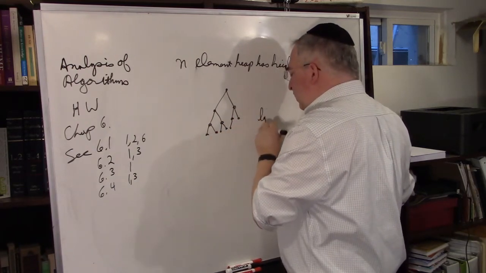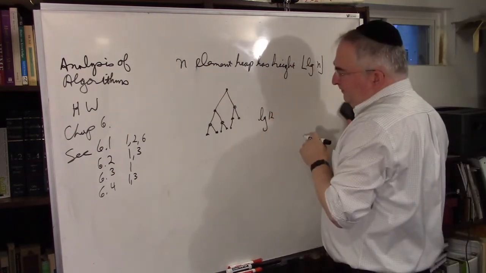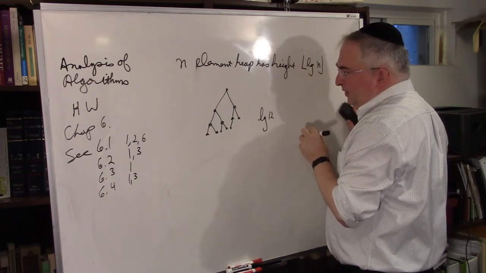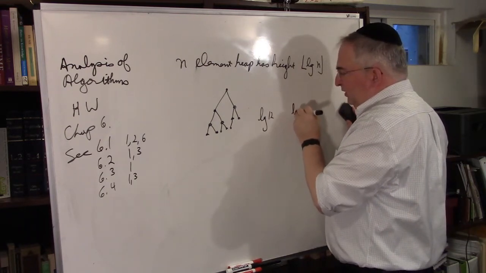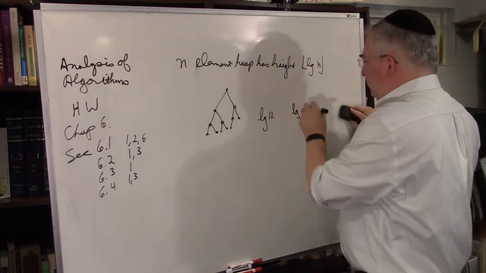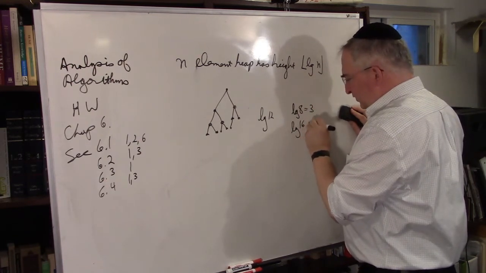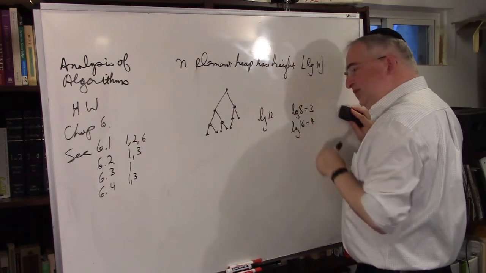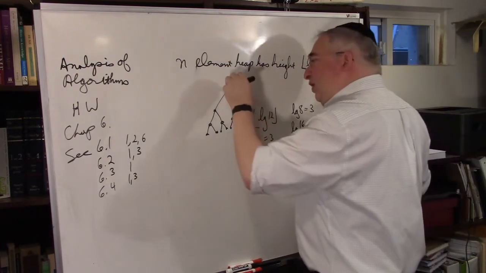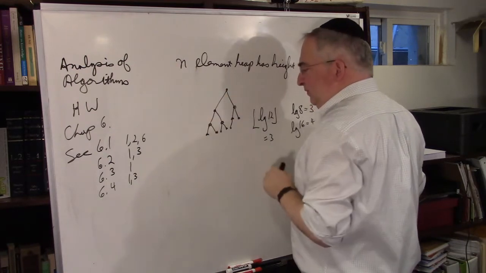Log of 12, that's tough. Well, that's 3 and something. Log of 8 equals 3. Log of 16 is equal to 4. So this is 3 and something. The floor of that is 3. Heights 0, 1, 2, 3.